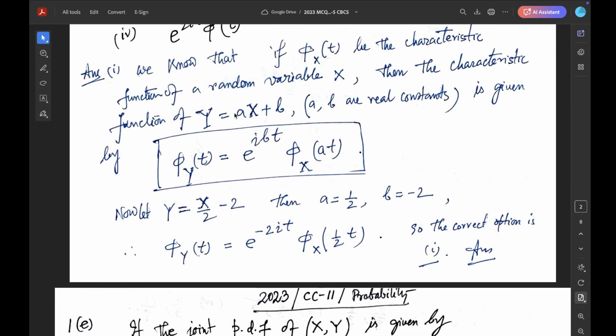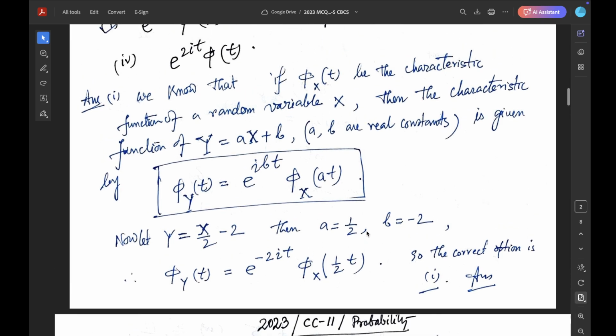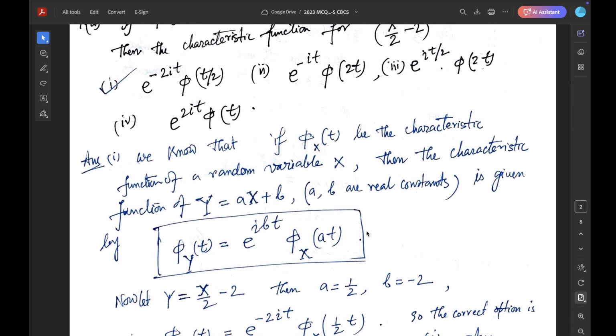So comparing with ax plus b, we get a equal to half, b equal to minus 2. So putting b equal to minus 2 and a equal to half, we get phi_y(t) equal to e to the power minus 2it phi_x(t by 2). So the correct option is 1.